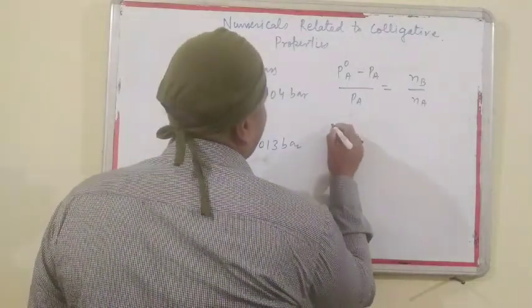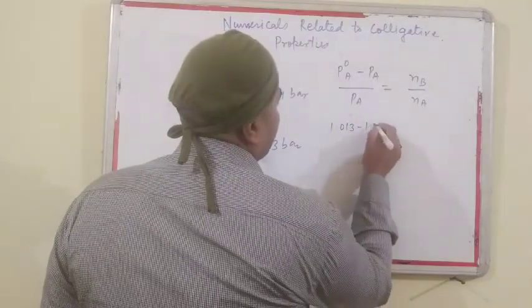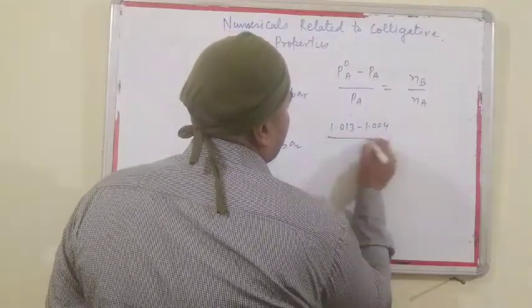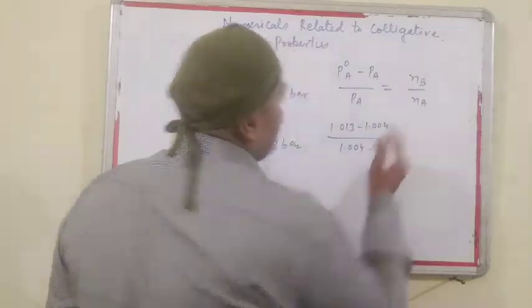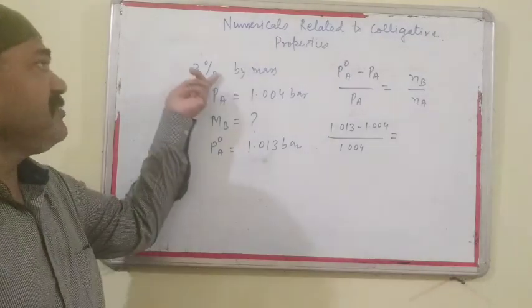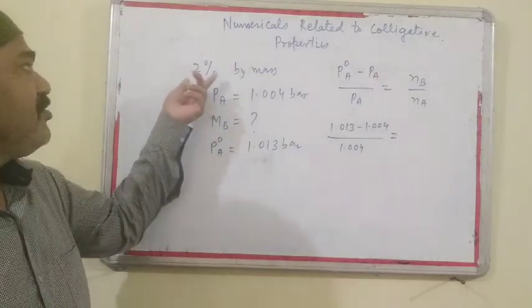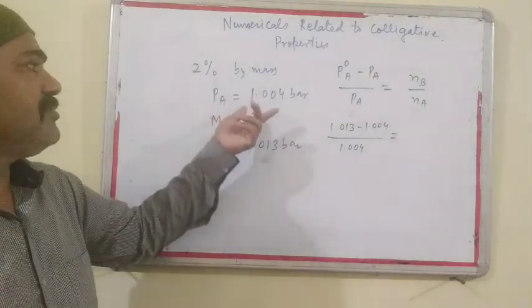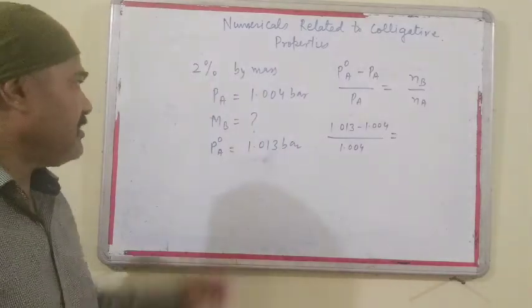So now I am going to put these values in this formula. So 1.013 minus 1.004 divided by 1.004 equals NB upon NA. Now the solution is given 2% by mass and it is an aqueous solution. If we consider 2 gram of the solute, then 98 gram will be of the water.